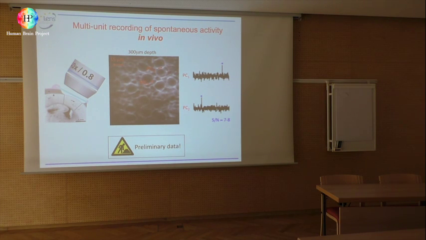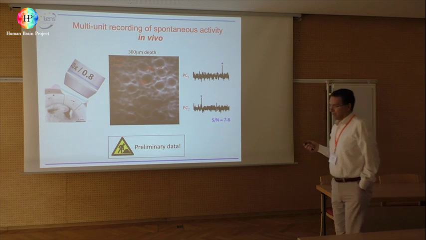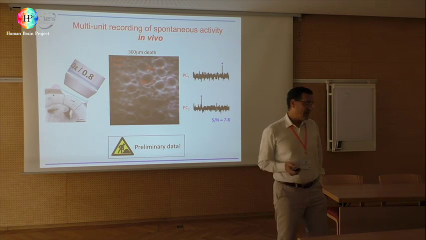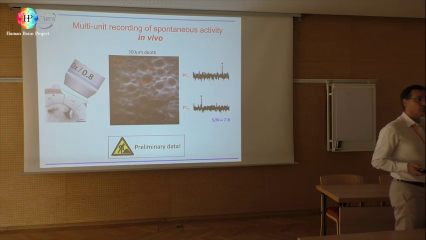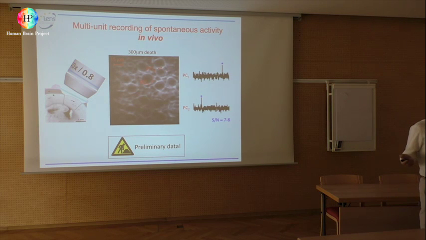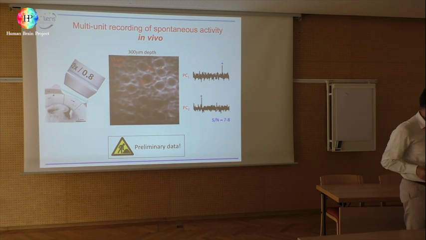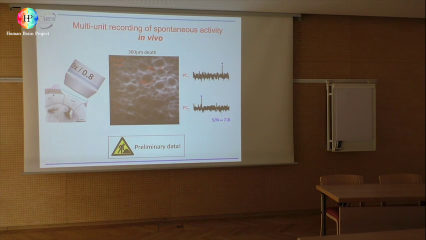Sir, what's the limitation of the number of neurons? Yeah. That's the main drawback, because this kind of technique has the advantage, with respect to 1 photon superficial detection, of going deep and seeing single cells, but it's limited to a low number of cells.